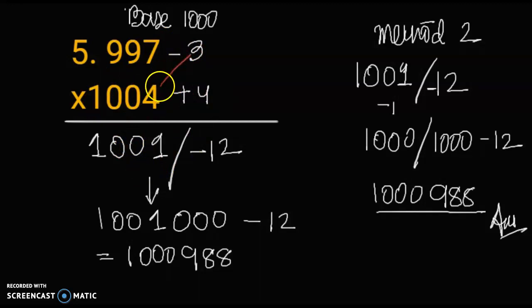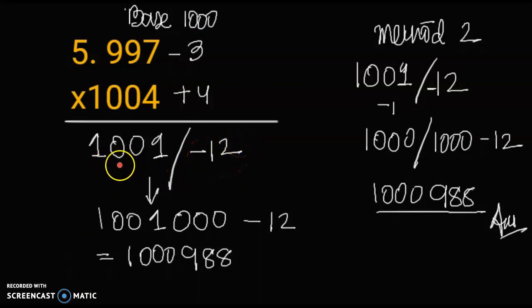Again, 1004 minus 3 or 997 plus 4 gives you 1001 in the left hand side, and right hand side you always multiply as you have been doing in the previous cases. So similarly we will multiply, and here we get minus 12.